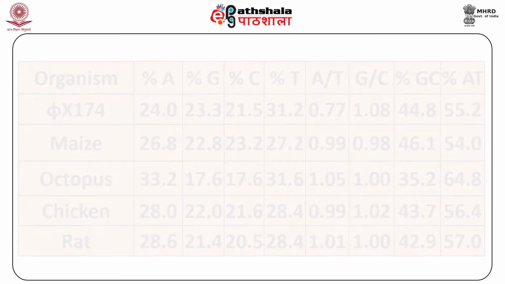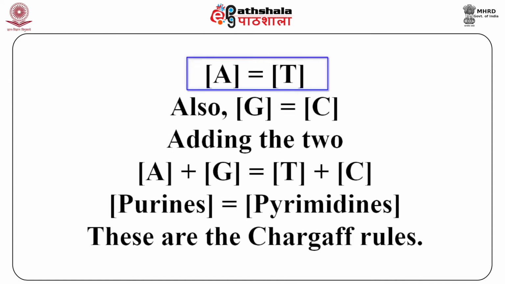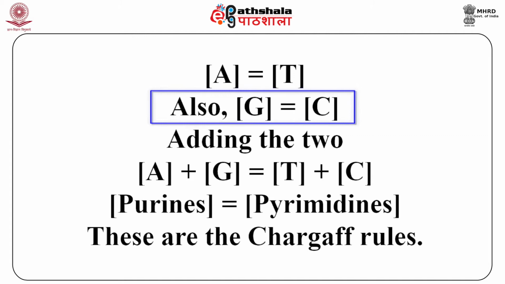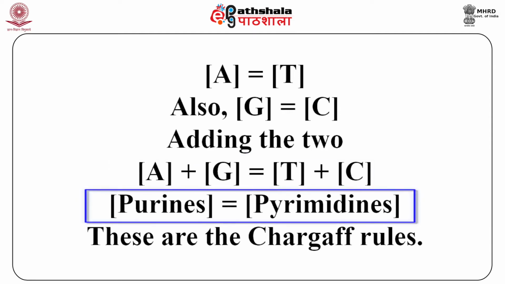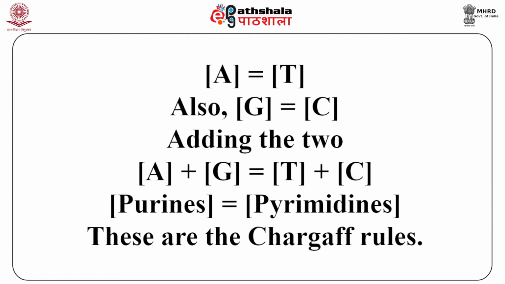Thus, it means that the concentration of A equals T, and the concentration of G equals C. If we add both, A plus G equals T plus C. Thus, purines equal pyrimidines in the case of DNA. These are called the Chargaff rules.